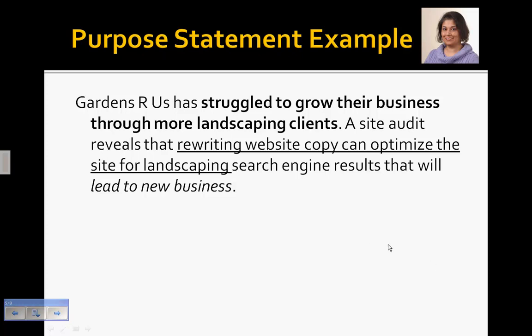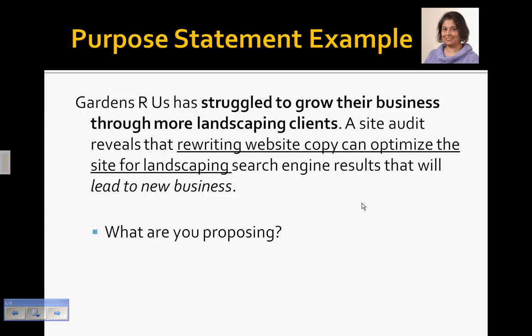And I am indicating that this organization, my organization, has struggled to grow our business through more landscaping clients. We've conducted a site audit in our marketing department, and it's revealed, so you notice that I use evidence here, that rewriting the website's copy can optimize the site for the landscaping keyword search engine so that search engines can find those results that will lead to new business. So this is the example of the future.